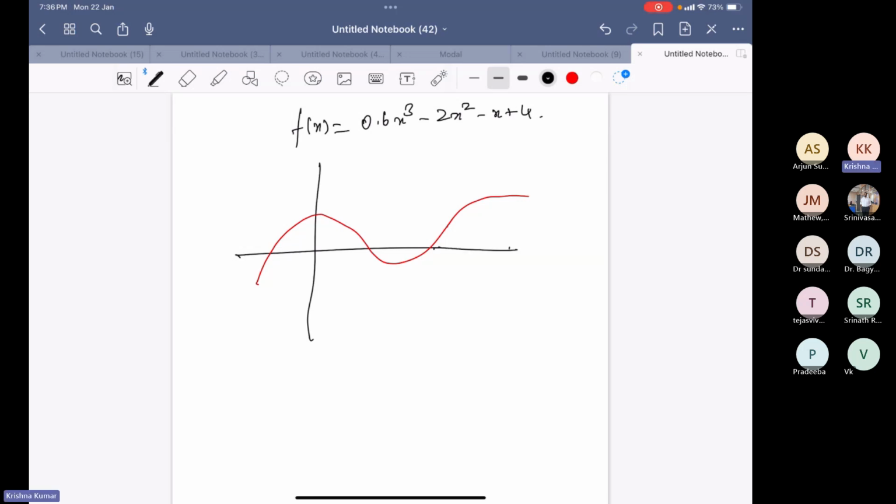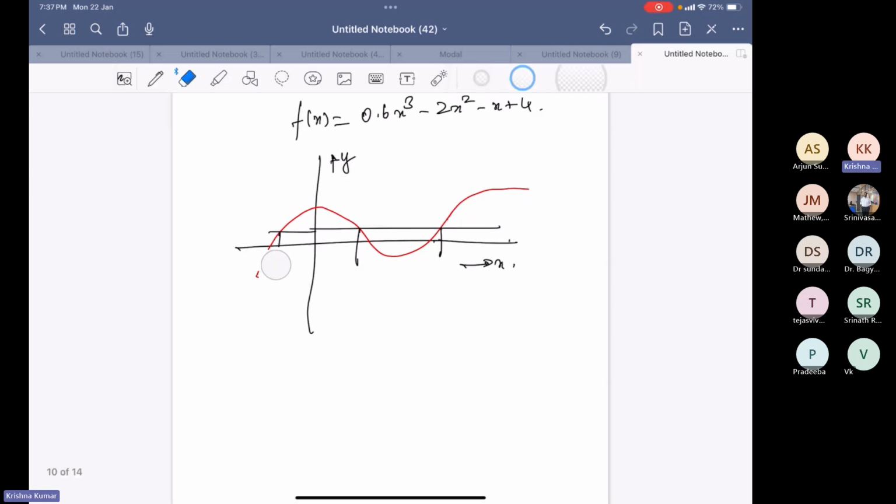Then you can immediately see that for a given y, this is y, this is x, I have 1, 2, 3 x's.